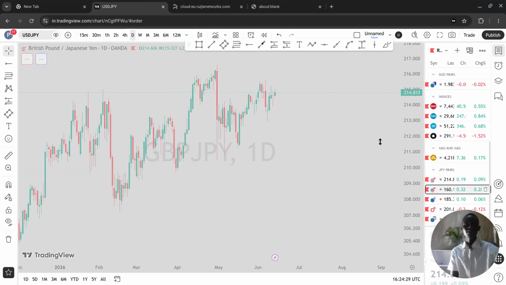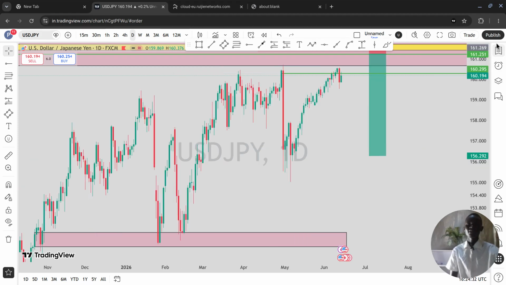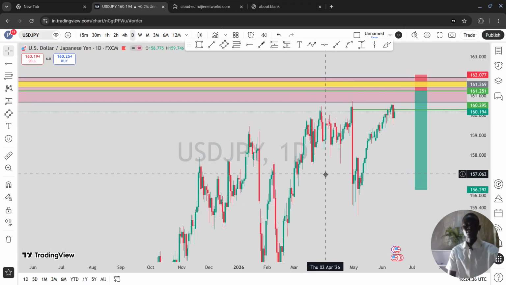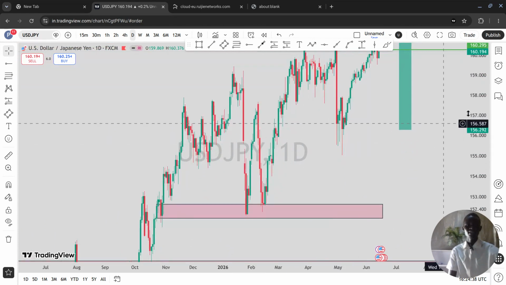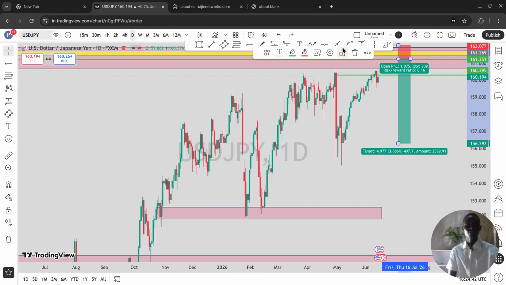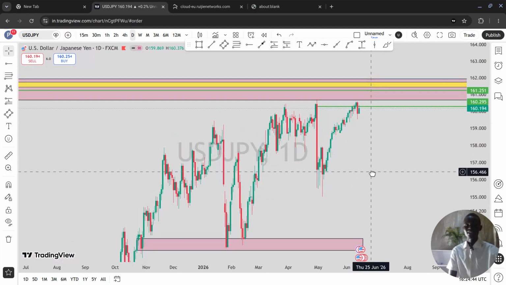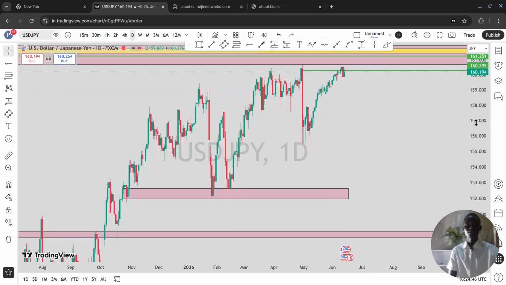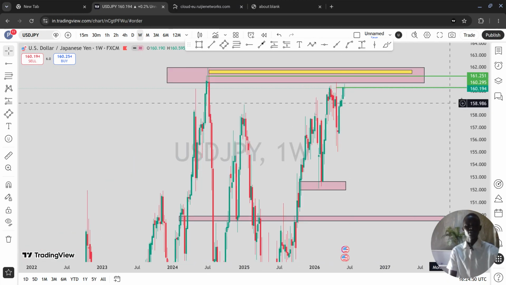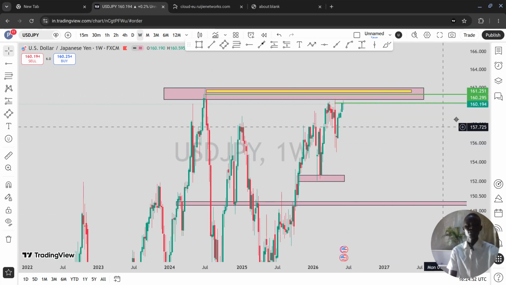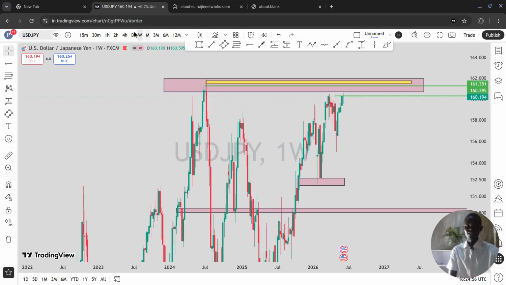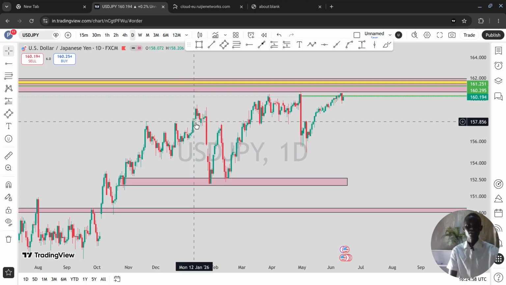And also, I'm also expecting USDJPY to drop in the next 2 to 3 weeks, but still I don't know where exactly it's going to start dropping from. Right now, I'm just watching USDJPY very, very closely.